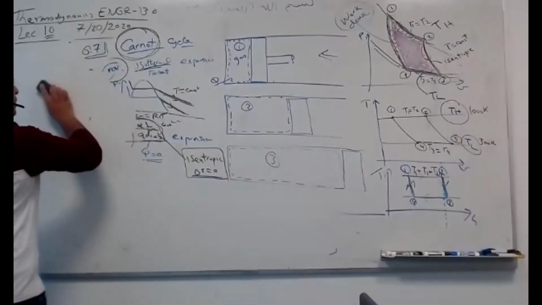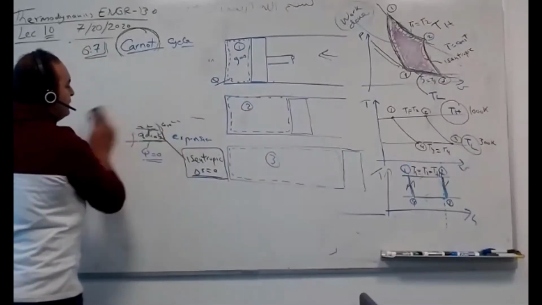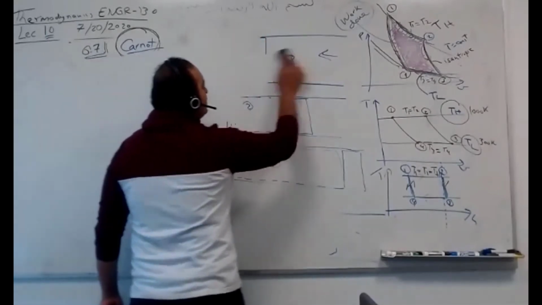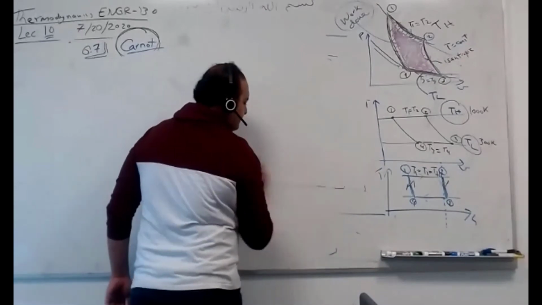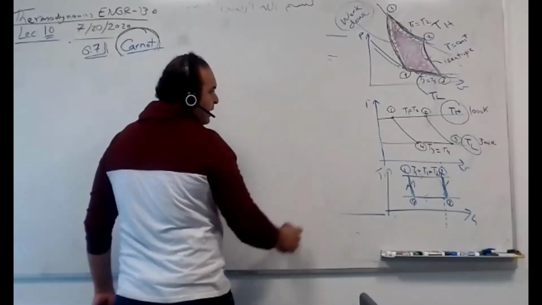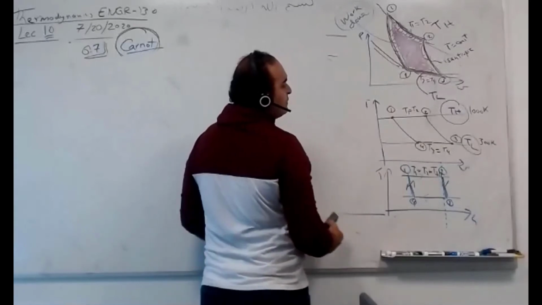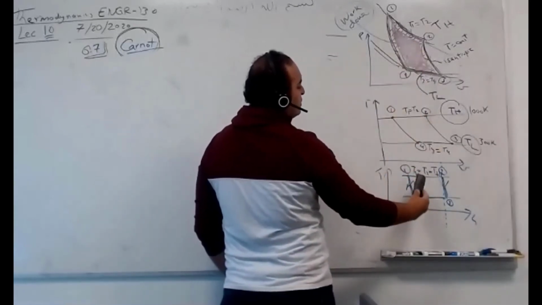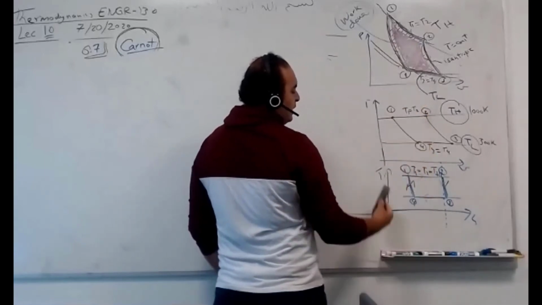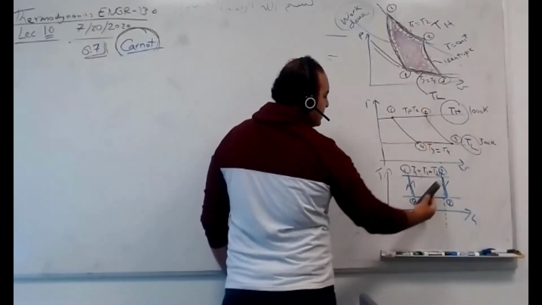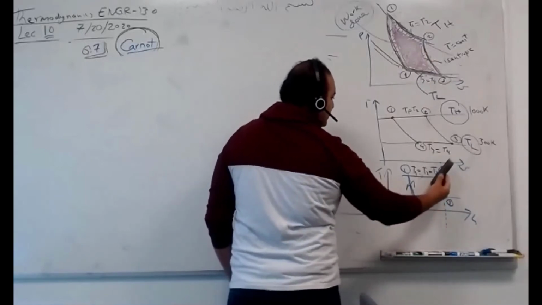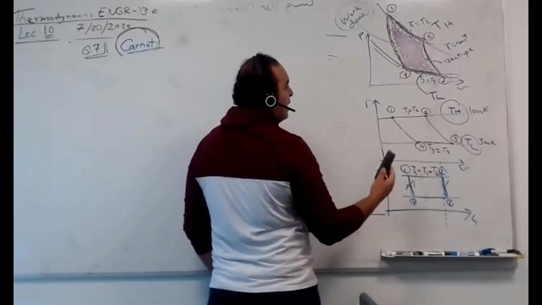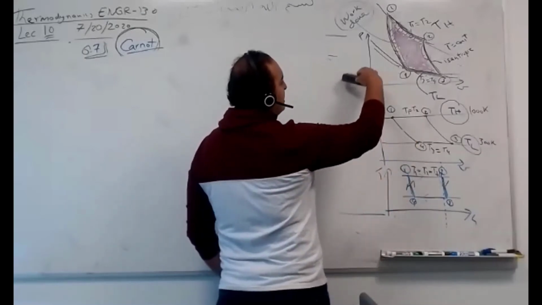So we need to know how to draw a constant line in a curve, like in the PV diagram, TV diagram, any one of these. For example, in the PV diagram, where is the constant volume? Vertical. Everything here is gas. In the TV diagram, where is the volume constant? Vertical. In the TS diagram, where is the constant volume? It's kind of slanted like this. This is called constant volume. So the volume here is the same as here, but different here. However, the constant pressure here is horizontal.